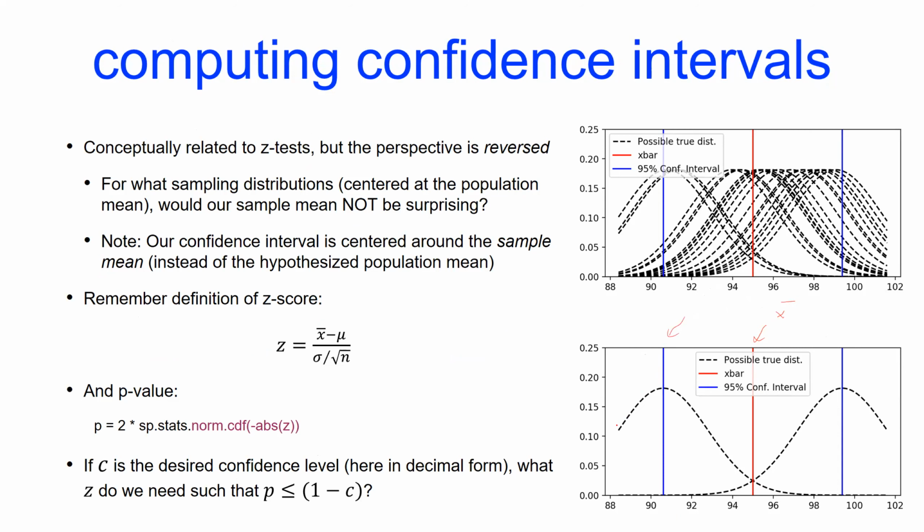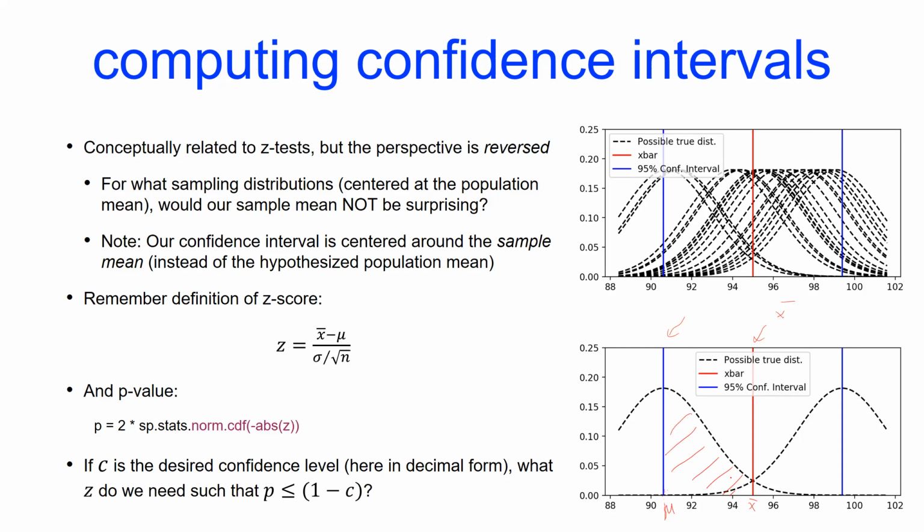If I have a Gaussian with this as my population mean, which here we do not know, then if my X bar is to the right of my mu, it will contribute, let's say, half of my confidence level.